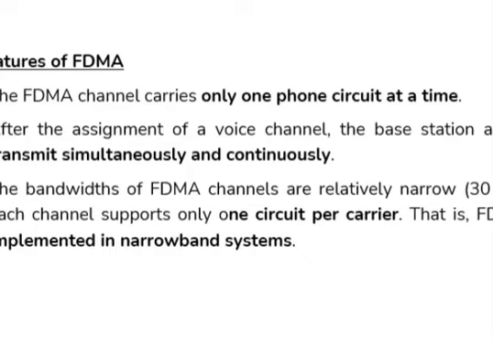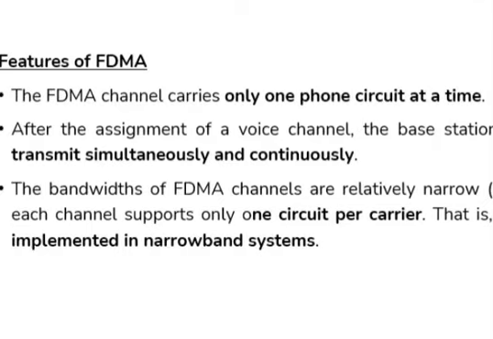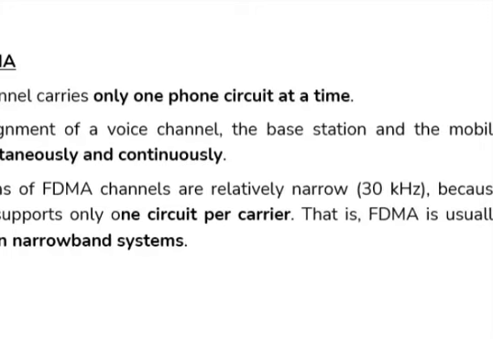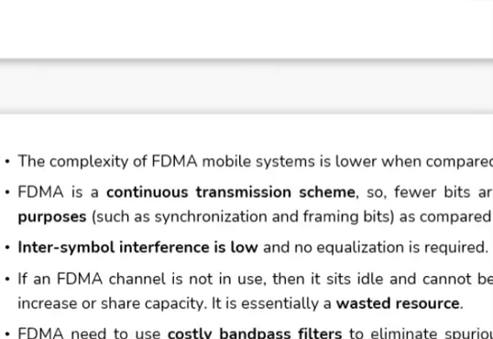After the assignment of a voice channel, the base station and the mobile transmit simultaneously and continuously. The bandwidths of FDMA channels are relatively narrow, 30 kHz, because each channel supports only one circuit per carrier. That is, FDMA is usually implemented in narrowband systems.